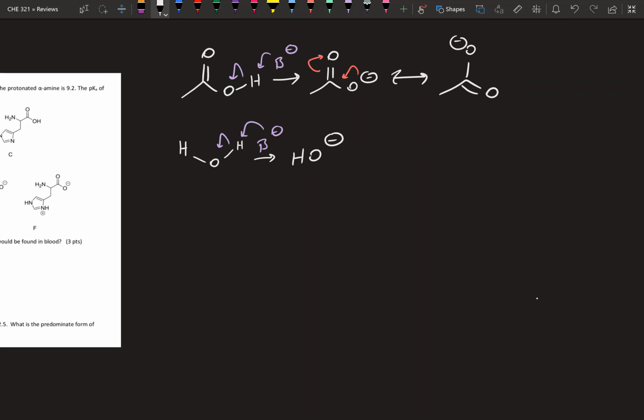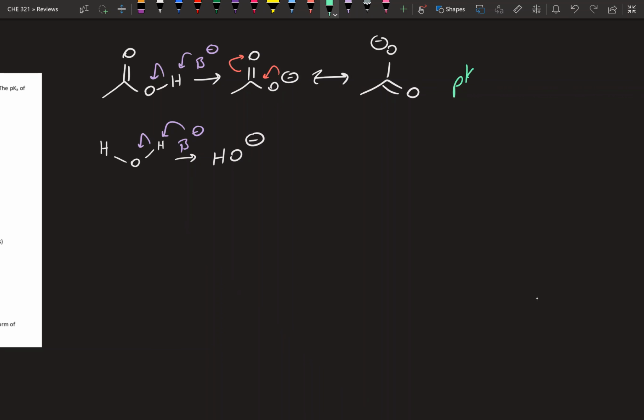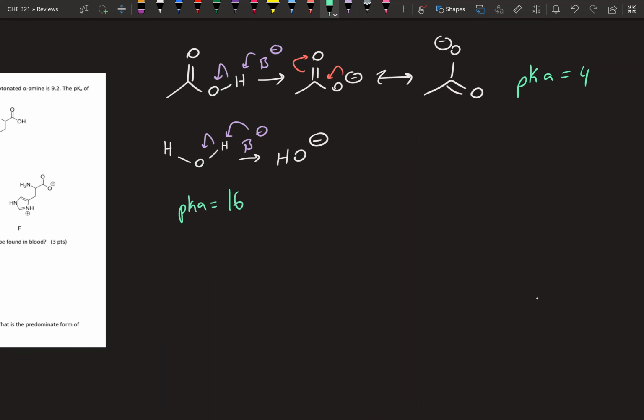Because the conjugate base is way more stable, the original acid is more acidic, and that means its pKa will be lower than that of water. The pKa of the carboxylic acid, and you don't have to memorize these values, is going to be 4, and the pKa of water is 16.